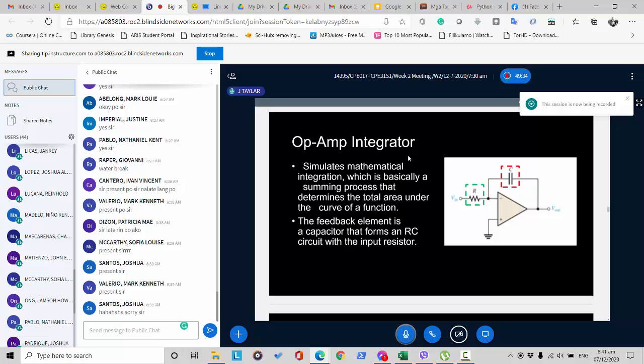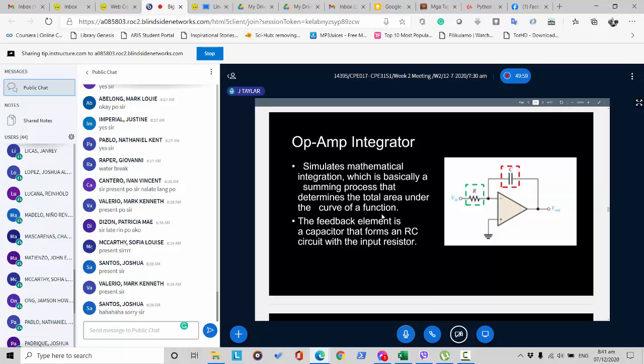So let's discuss the operational amplifier integrator. This type of operational amplifier simulates the mathematical integration, which is basically a summing process that determines the total area under the curve of a function.